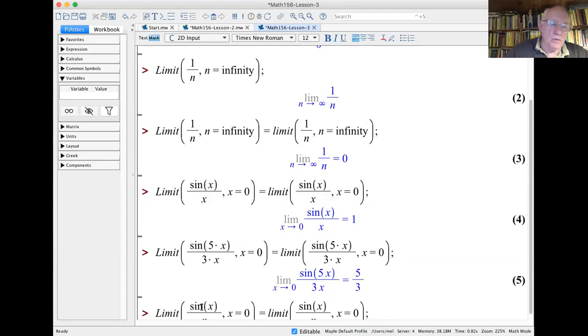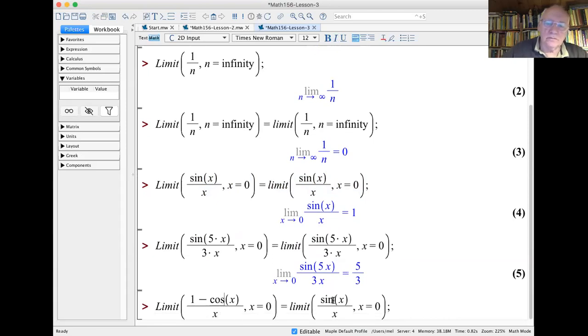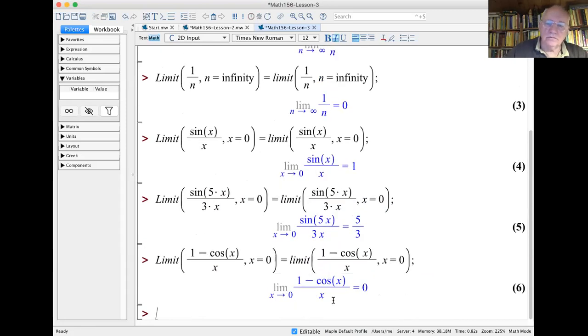It was 1 minus the cosine of x, over x. It's equal to 0. This is the syntax for a limit in Maple.